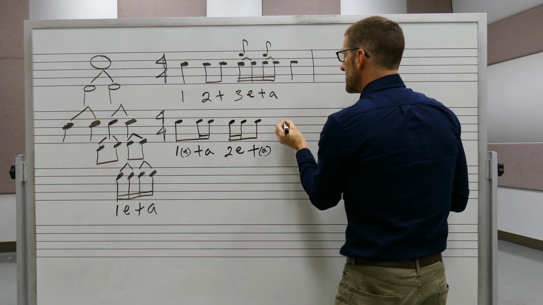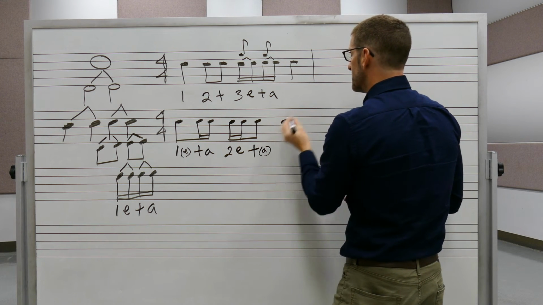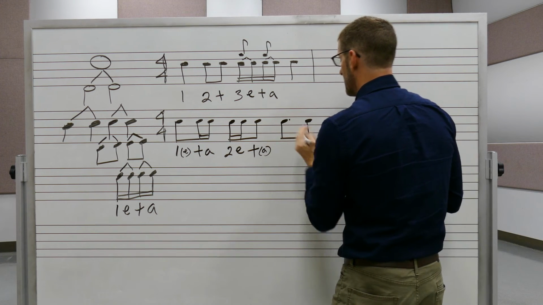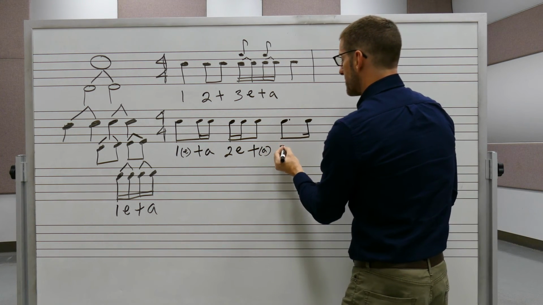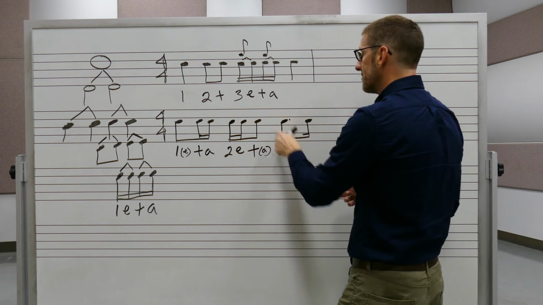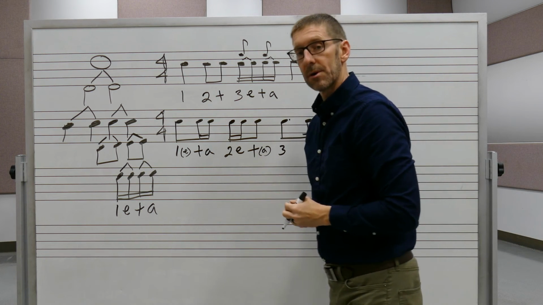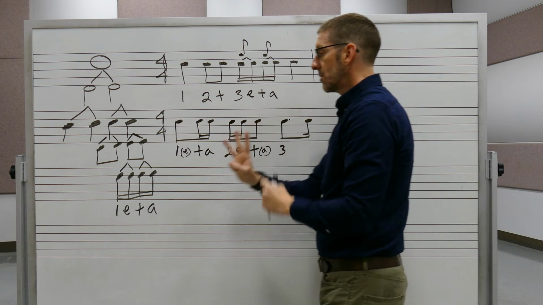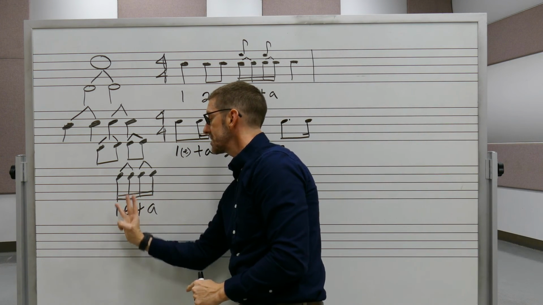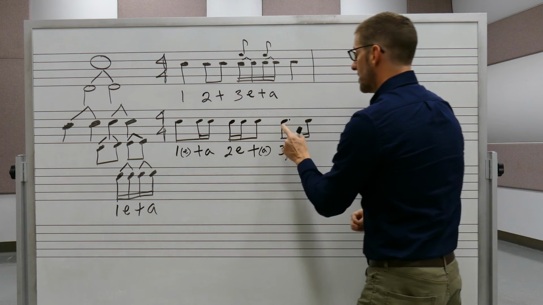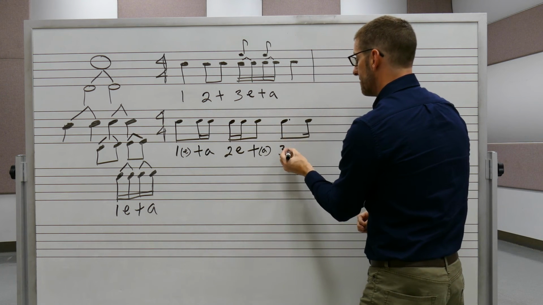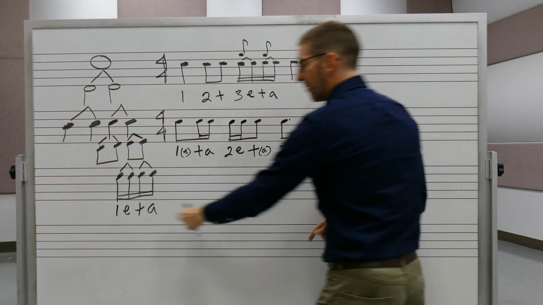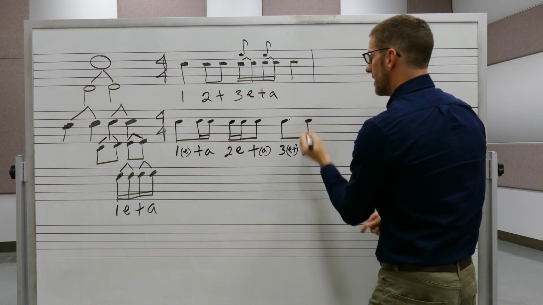Another common one would be, let's do a dotted 8th and a 16th. So this would be 3. Every dotted note equals 3 of the next smaller value. So this dotted 8th is equal to 3 16ths, which takes up the first 3 16ths here. So this is 3 E and. That leaves me with the last, 4th 16th, which is a.